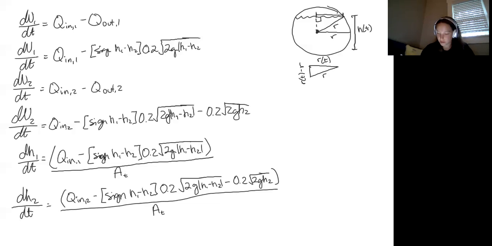Then we know that the cross-sectional area of the tank is equal to pi r_t squared. And using the Pythagorean theorem, we can say that r squared is equal to r_t squared plus (h minus r) squared. And then we can rearrange that to find r_t.